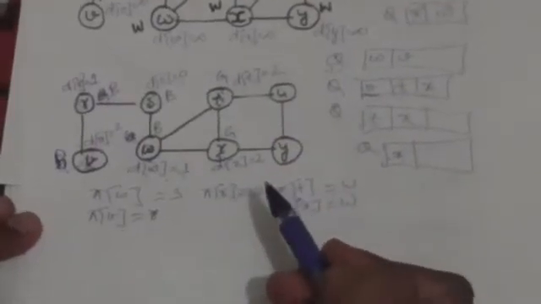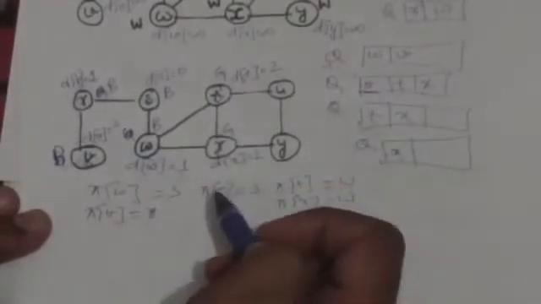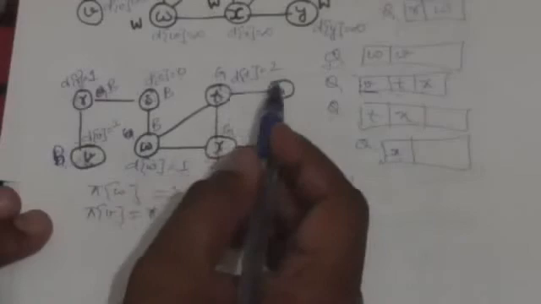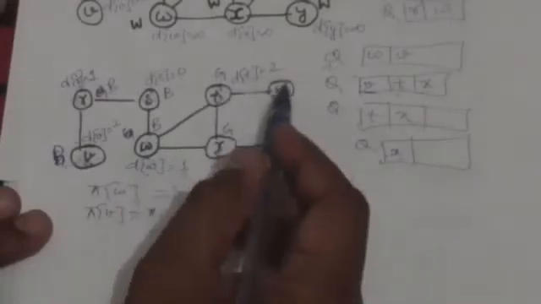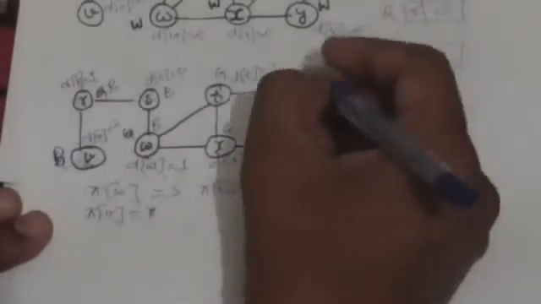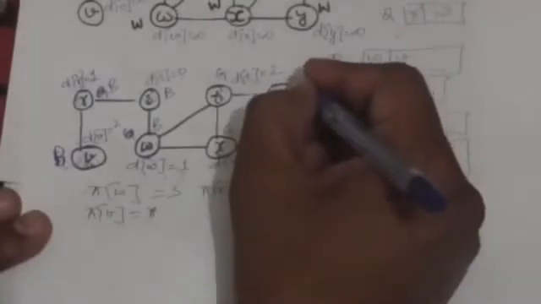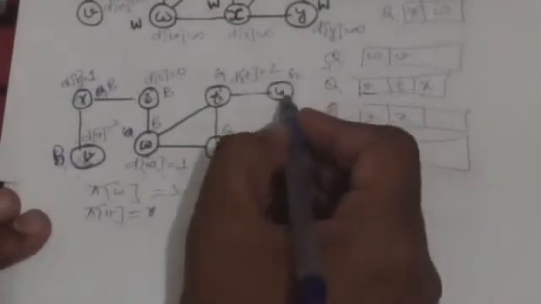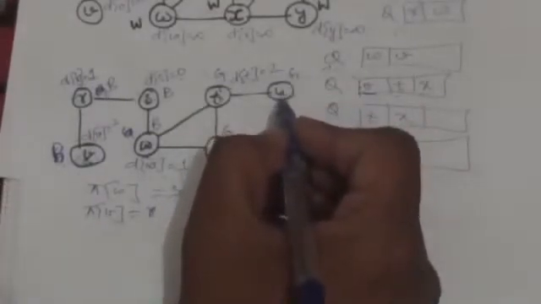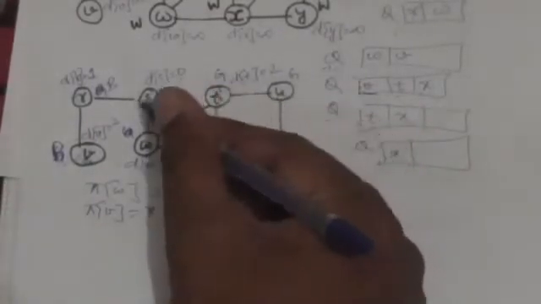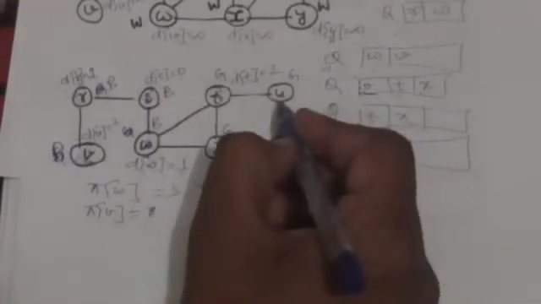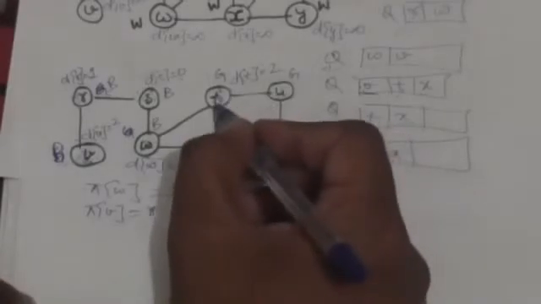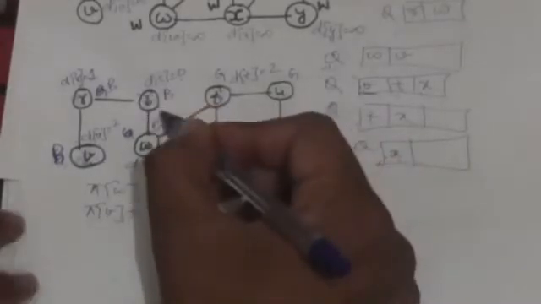Now see, this vertex t has only one white adjacent vertex, that is vertex u. So we will change the color of vertex u from white to gray, right? And the distance of vertex u from source vertex s will be set to 1 more than the distance of vertex t from source vertex s.